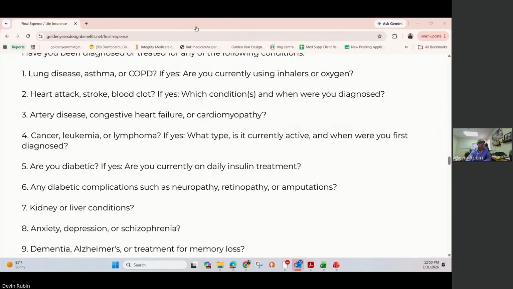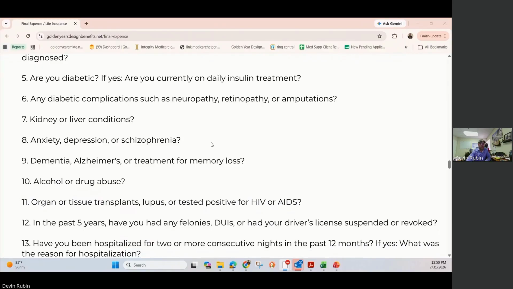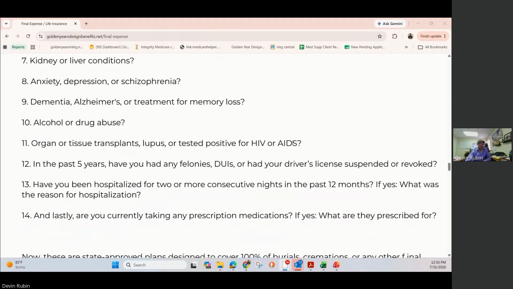Let's see, kidney issues, neuropathy, retinopathy, or amputations associated with diabetes, any type of kidney or liver issues. Somebody has a severe form of depression, schizophrenia, bipolar, memory issues like dementia or Alzheimer's would get you to a graded or modified policy.